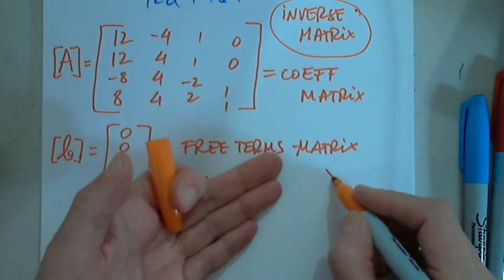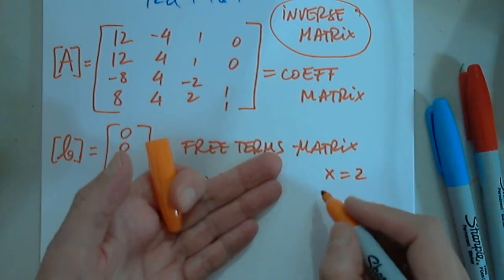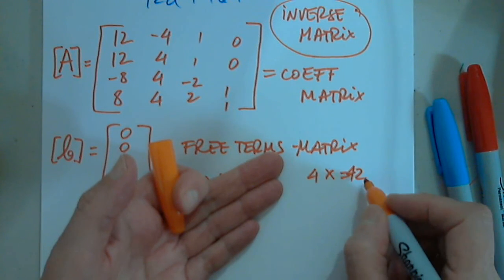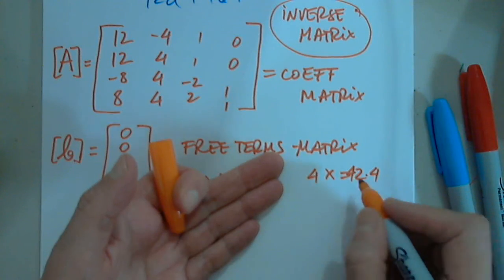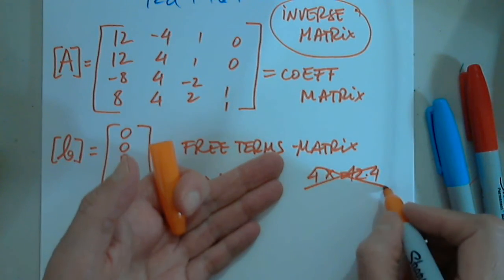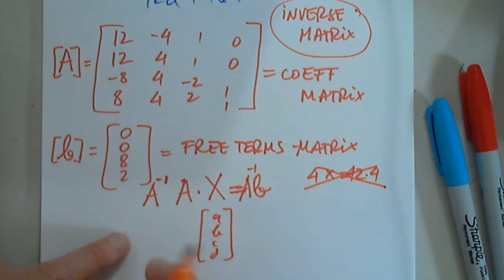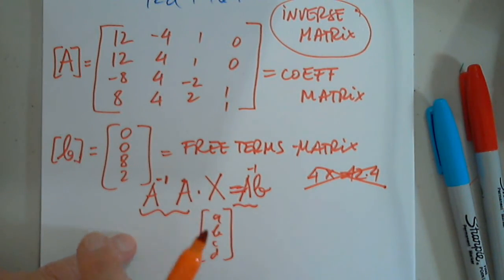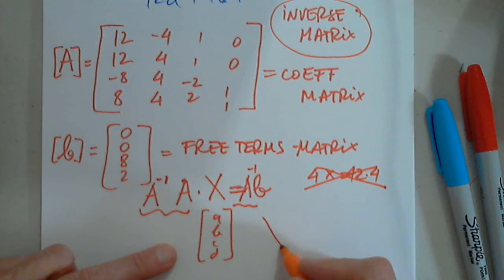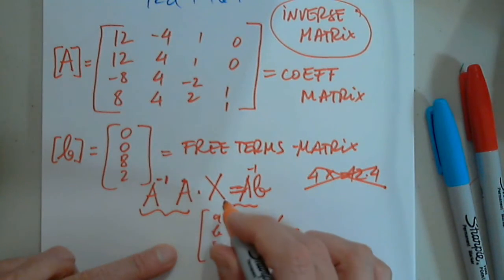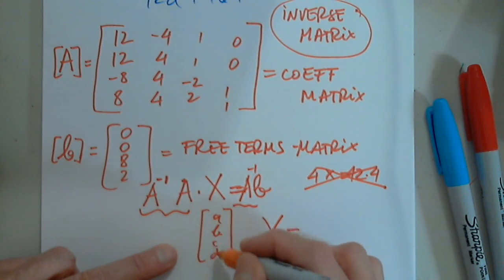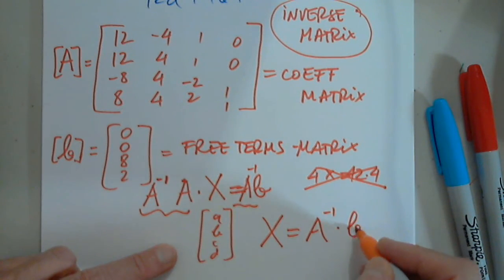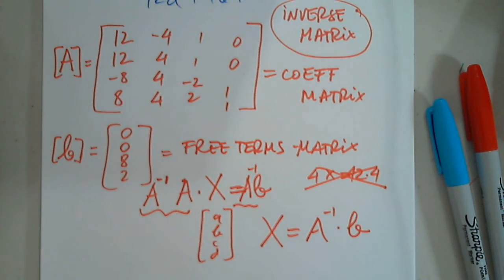So when I multiply x equals 2 by 4, I can put 4 in front or in the back, following 2. It doesn't matter. But when it comes to matrices, when I say on the left, I have to have matrix A inverse on the left. So finally, the matrix of the variables A, B, C, D will be A inverse times b.